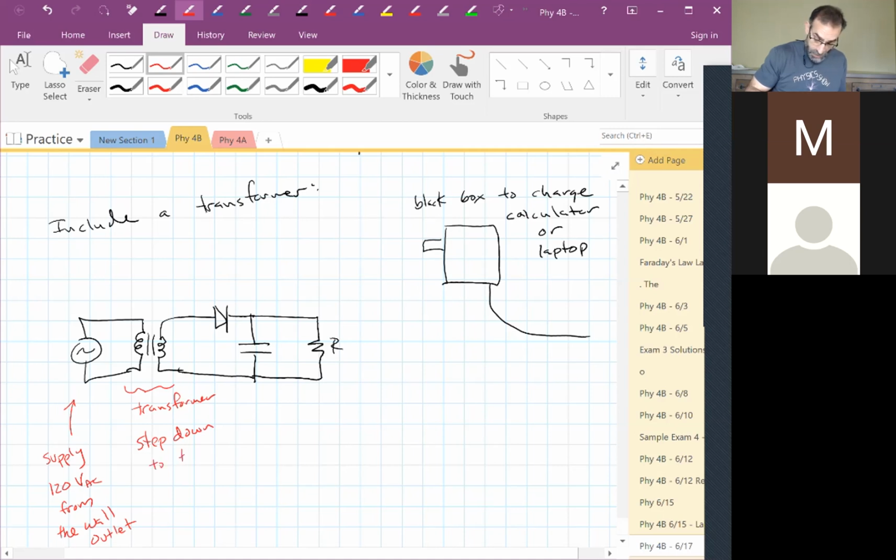To the voltage of the battery in the device.